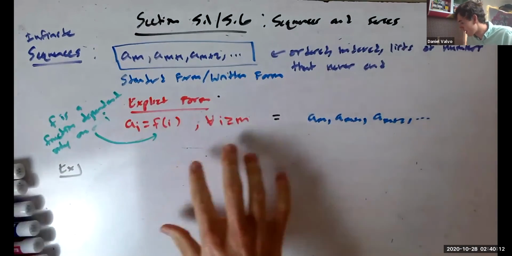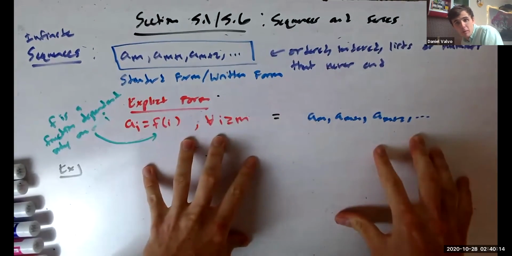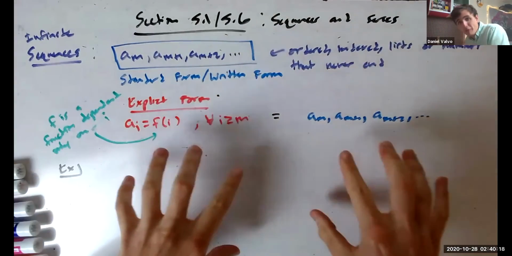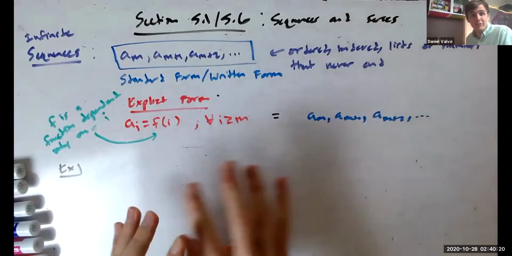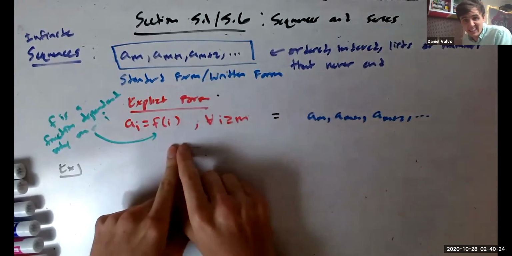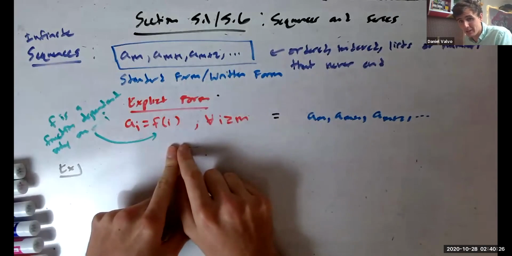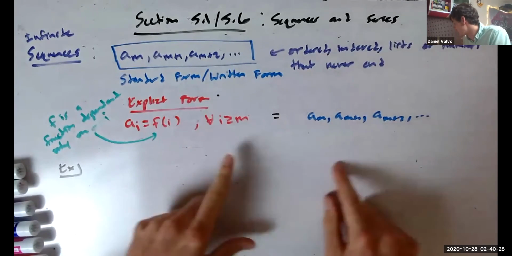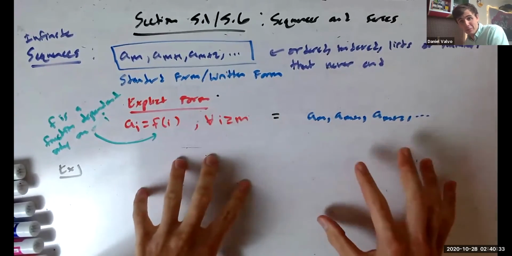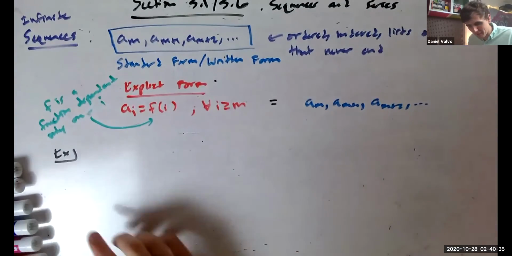The explicit form and the standard, written out form, if they represent the same sequence, are equivalent ways to represent the same sequence. I don't want to give the impression that this is the actual sequence and the other is just a shorthand or a longhand. No, there are two ways of writing the exact same thing. We'll see that right now.